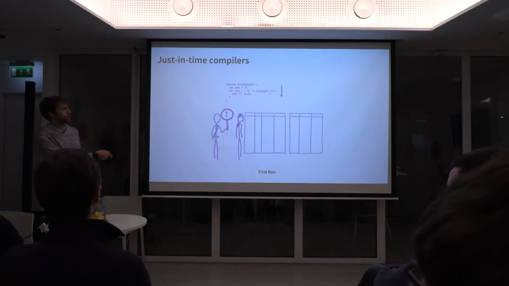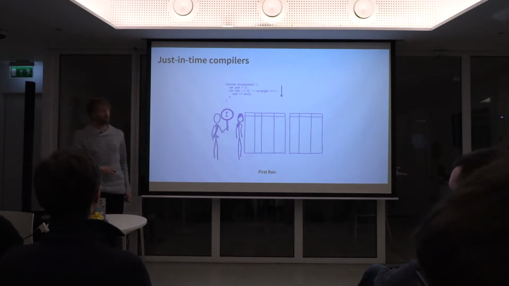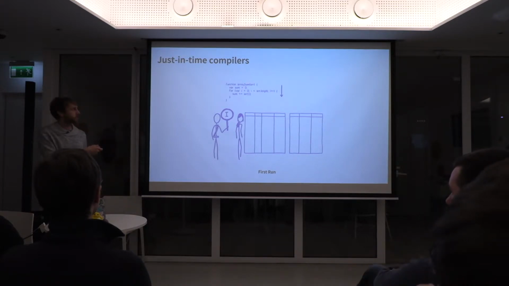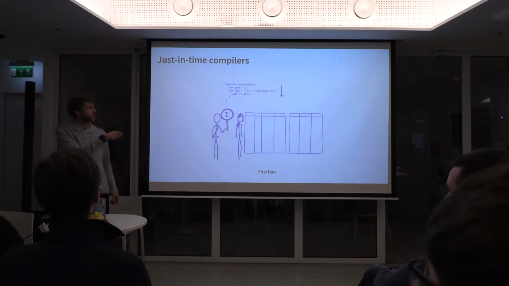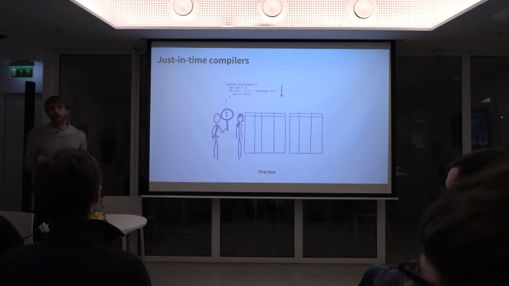This is this dude with the sign. That's a profiler or a monitor, in other words. And when the code is interpreted, so when it's interpreted in the first run, it just runs like every other engine before it. Just interprets line by line.